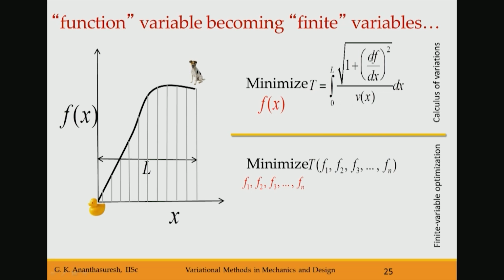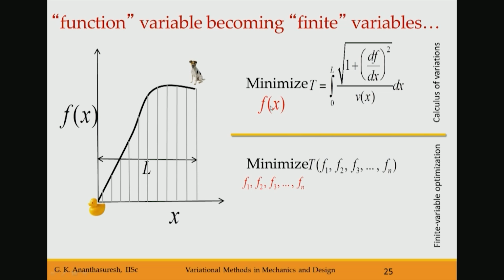It depends on the derivative of this function f, and V of x is given to us. We are minimizing this with respect to the function itself, as opposed to the discretized problem where we minimize with respect to a finite number of variables f1, f2, fn, and we have an objective function which is a function of all of those.